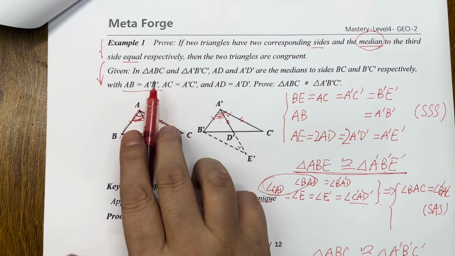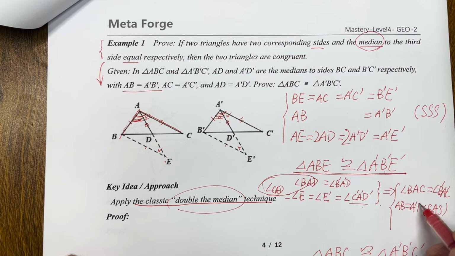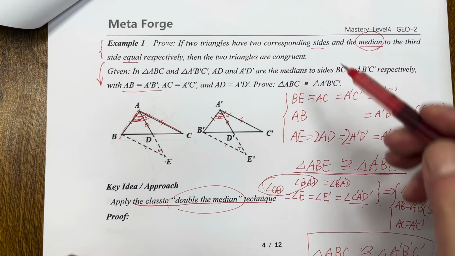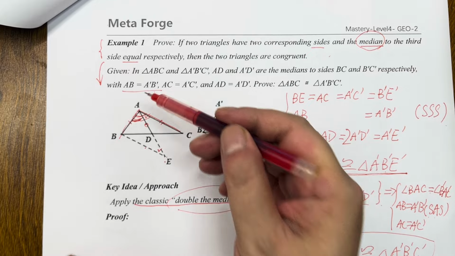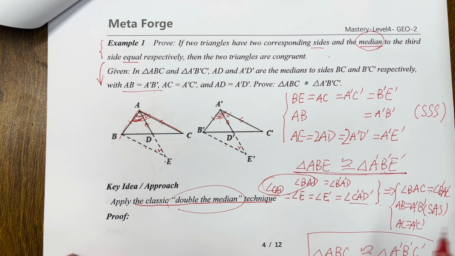With the given conditions, AB equals A prime B prime, AC equals A prime C prime. From the SAS theorem, proved. This is about turning a statement into a real problem, a real figure, using the double the median technique.